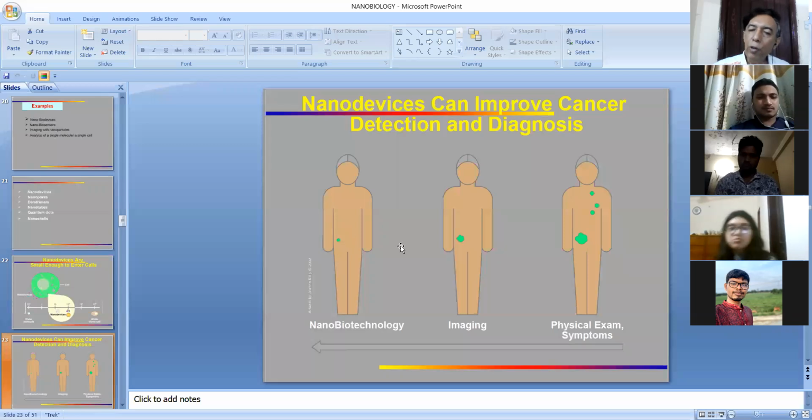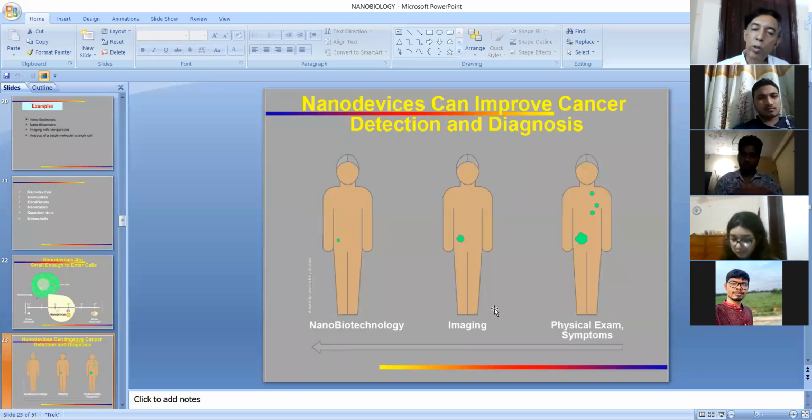Now, if you use a normal physical exam, blood test, or X-ray, they will show you something like that. Here maybe, here maybe, and here is a good possibility to have a tumor. You are seeing this by means of, for example, a blood test, urine test, or different physical exams.